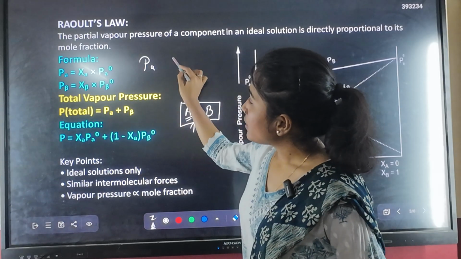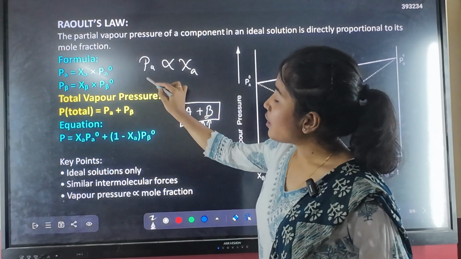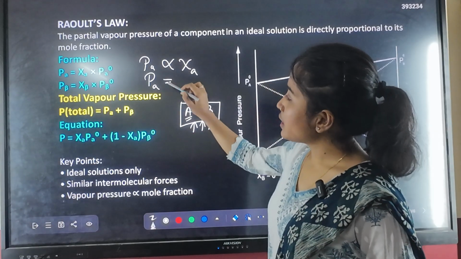PA is directly proportional to the mole fraction of A, right? And after that, when I remove this proportionality, what will happen?